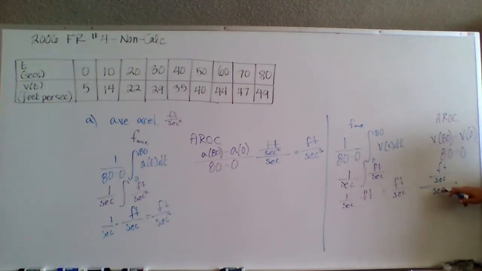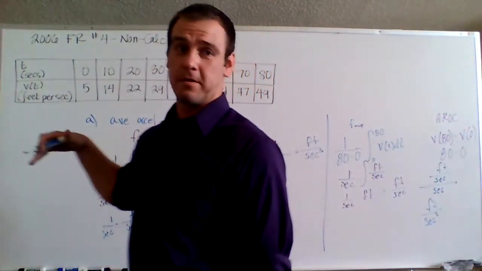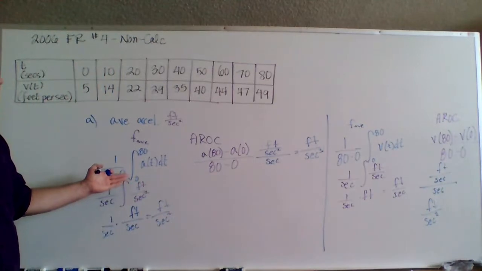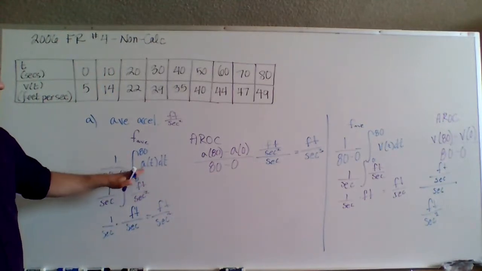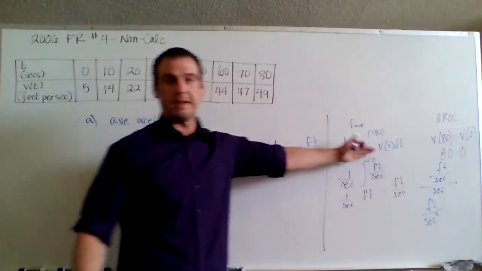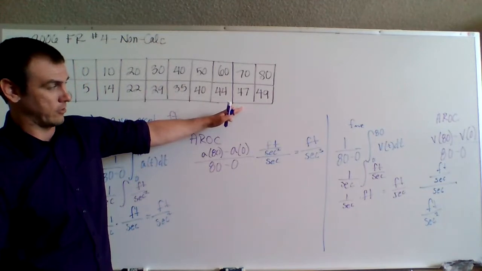So feet per second divided by seconds is really going to give you feet per second squared. Depending on what information you're given is going to be which route you're going to want to go. We're not given any equations, so integrating acceleration or integrating velocity is definitely not going to be what we want to do. We're going to use our table data information here.